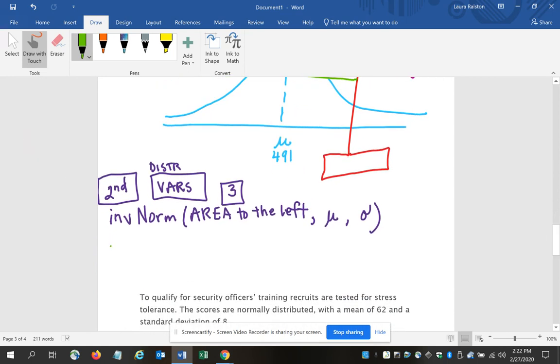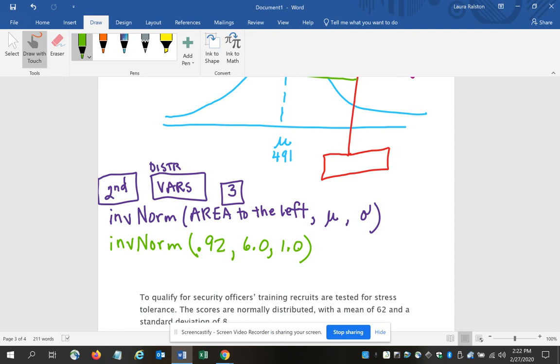Okay, so in your calculator, you would enter inverse norm 0.92, mean is 6, standard deviation is 1. And notice that you separate each one of those numbers with a comma.